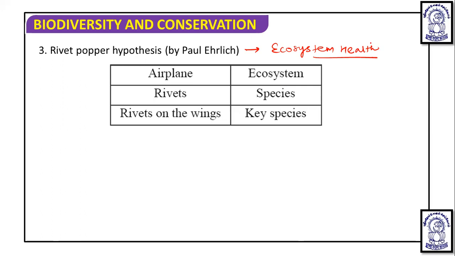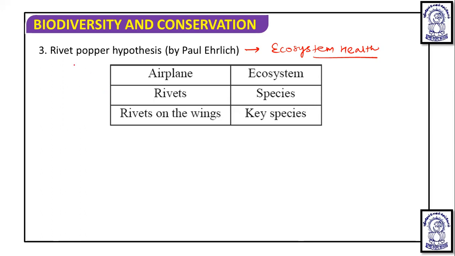Now, Paul Ehrlich was a scientist who explained this dependence, the effect of a reduction in biodiversity, through the Rivet-Popper hypothesis.